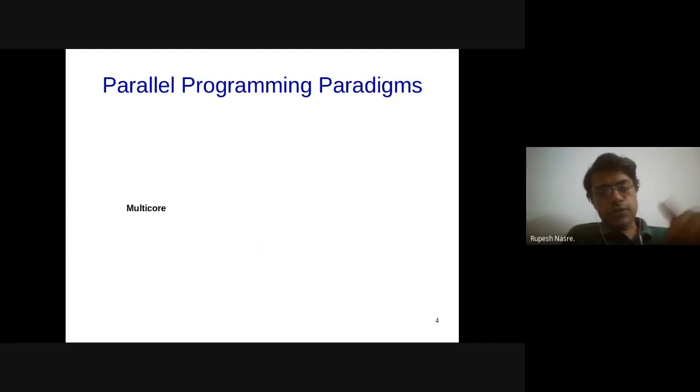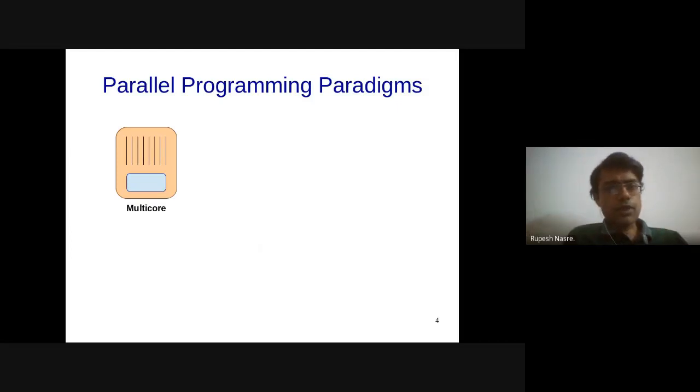The first one, which is the multi-core one, has a single CPU. This orange box is a single CPU, and it has lots of cores. Assume that these are various cores which I'm showing. And then this blue part is the memory.